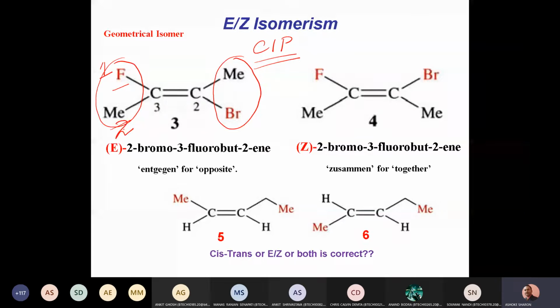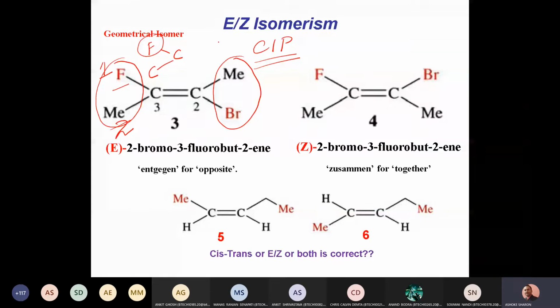Methane is wrong. Why? Because here carbon is connected with fluorine, and here carbon is connected with carbon. So of carbon and fluorine, of course fluorine will get the priority, because the atomic number of fluorine is higher than carbon. That is the reason fluorine gets the priority as per the CIP rule.